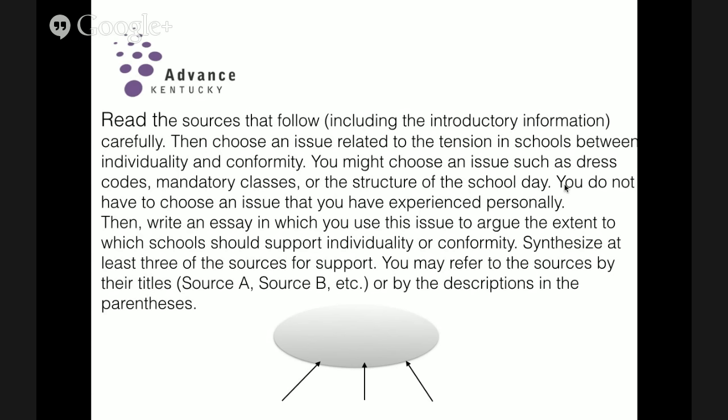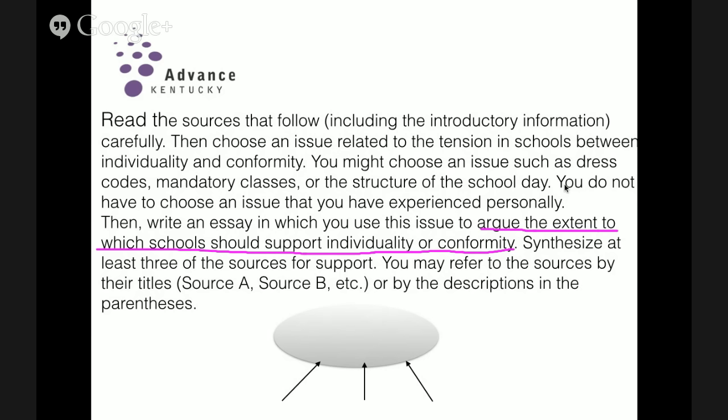It's argue the extent to which schools should support individuality or conformity. It doesn't say, is individuality good or bad? It says to argue the extent to which schools should support those. And then you synthesize sources for support.